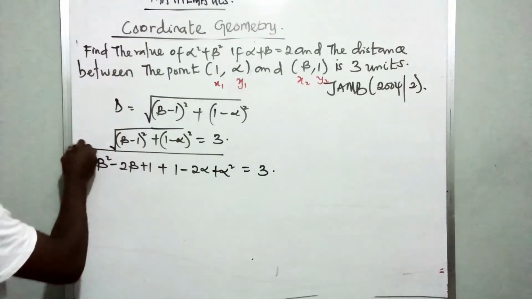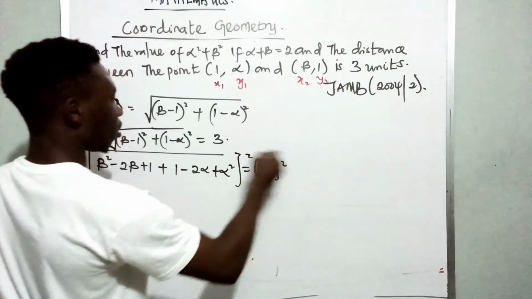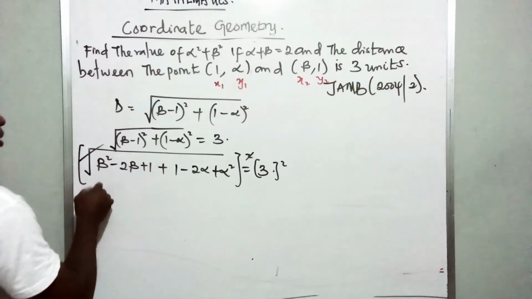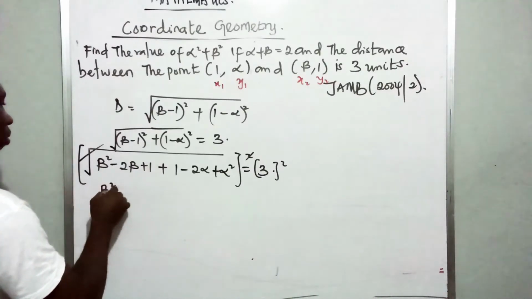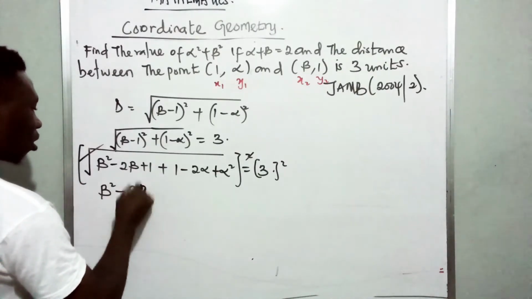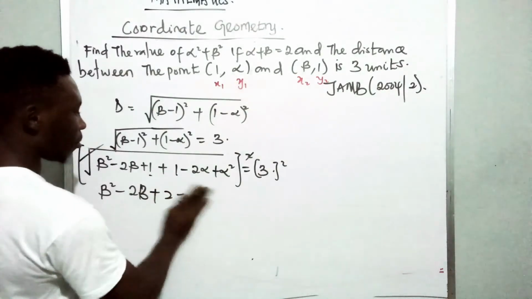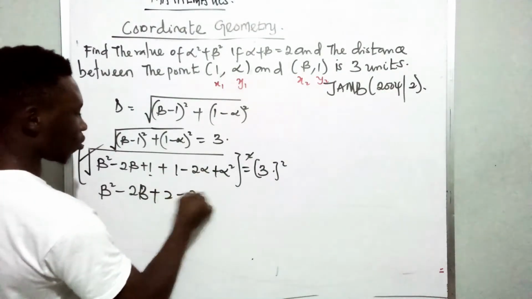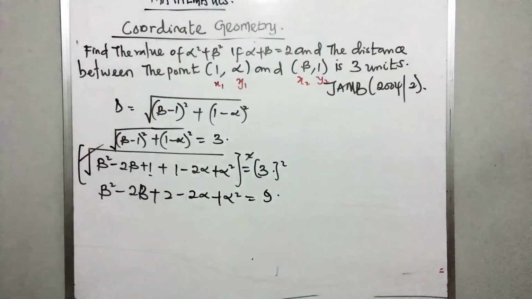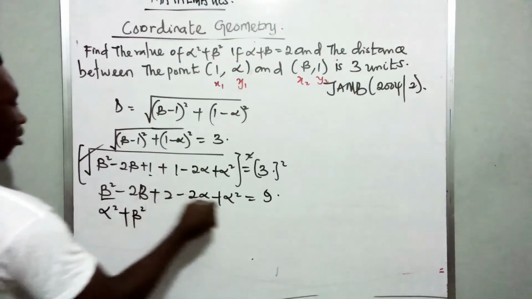If I square both sides, so this will then cancel square root. So this becomes what? It becomes beta square minus what? 2 beta plus 1 plus 1 minus 2 alpha plus alpha square is equal to what? 9.